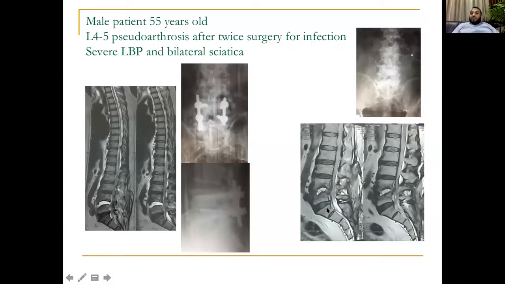So I will depend on S1 fixation, and I will put L3, L4 fixation. After debridement, I may need partial or complete corpectomy with a long mesh cage. To depend only on 2 screws at S1 in a 55-year-old patient after a third revision is not a good option for me.